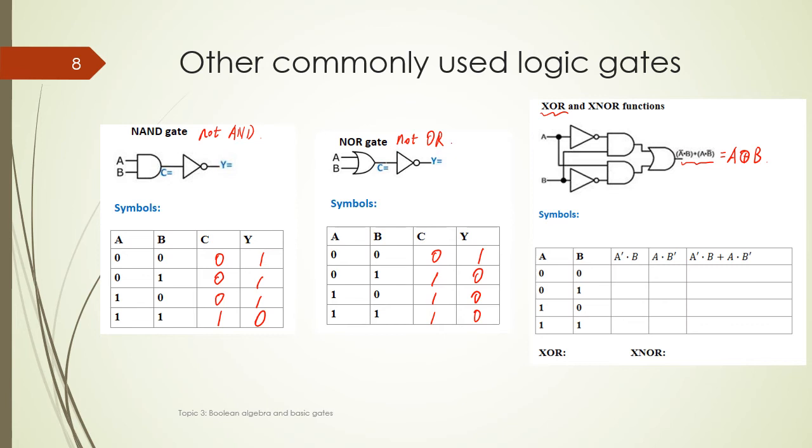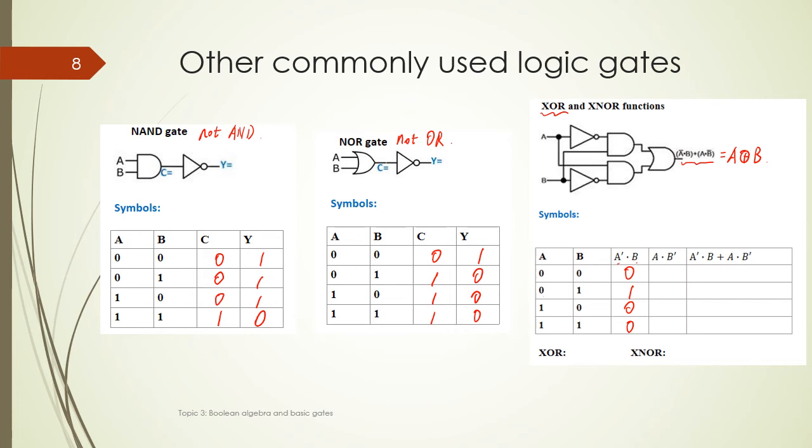We know A prime is basically the opposite of A. So in order for this AND function to be true, or to be 1, A prime needs to equal 1 and B needs to be 1 at the same time, which means A has to be 0, B has to be 1. Then we just try to find where A equals 0, B equals 1. So here we put a 1. Then that's it. All the others have to be 0.